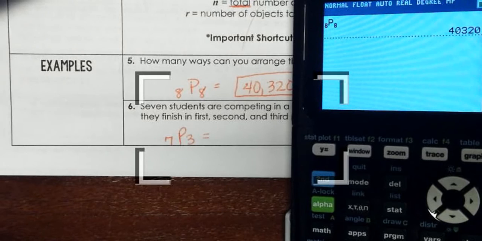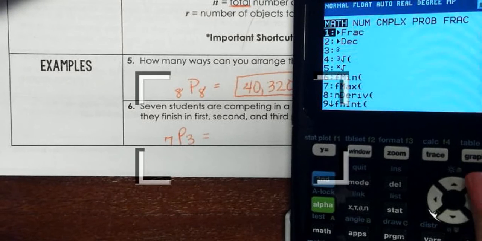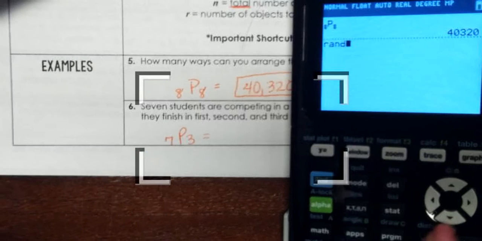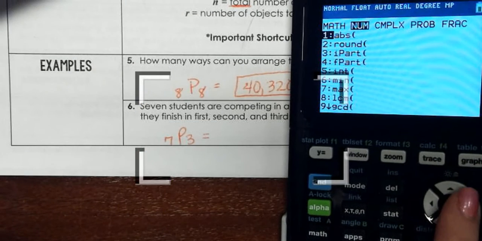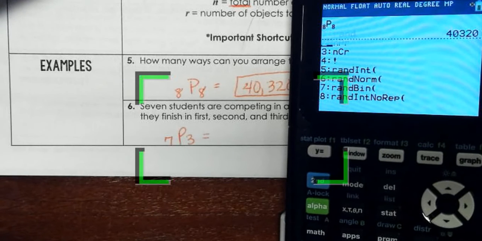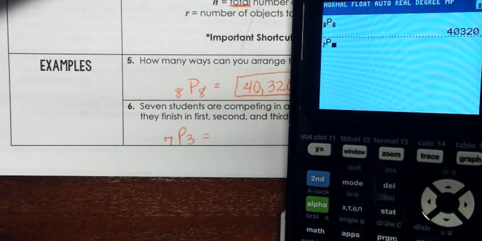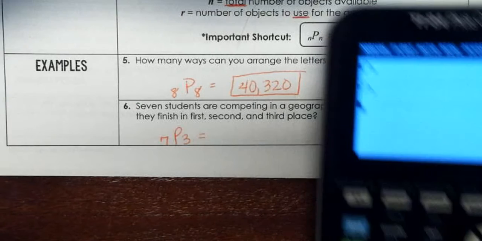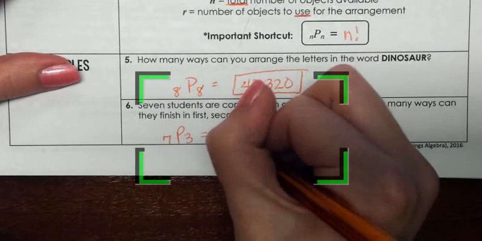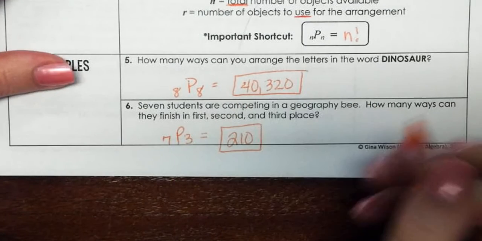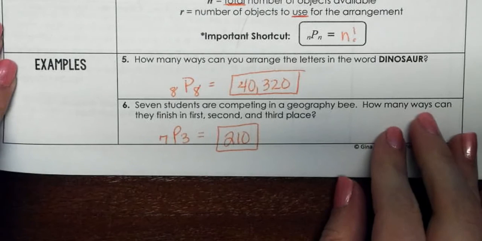You're going to go to math, go over to NPR, you're going to type in 7 here and 3 here to get 210. Okay, so flip it over.